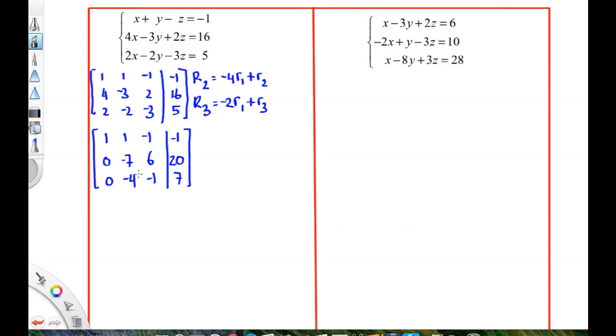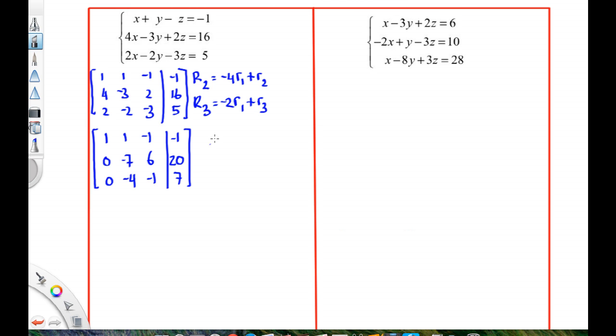What I really want to get next is another 0 over here. Okay, and at some point this needs to be a 1, but I want another 0 over here. So, and these two don't match very well. Now, you can do this in one step.